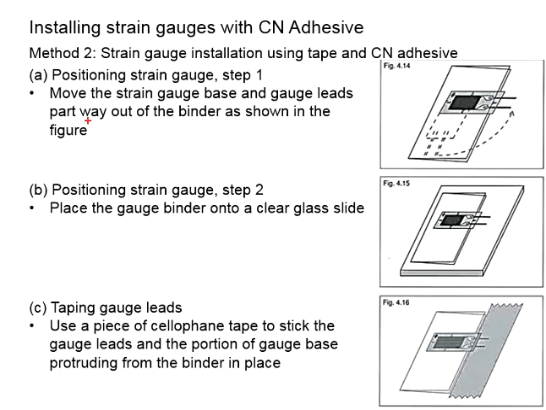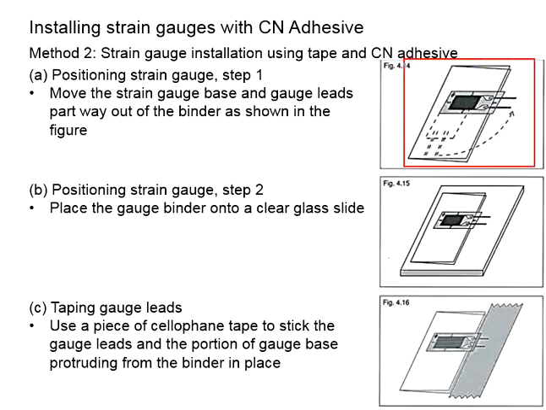The first step here is to position the strain gauge. Move the strain gauge base and gauge leads part away from the binder as shown in the figure here. This is a binder. It comes as a fold, protecting the strain gauge.